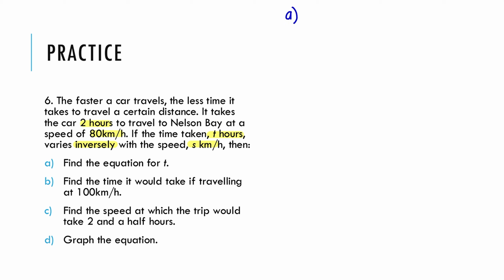My first step is writing y equals k over x. Normally my independent variable is going to be time and my dependent variable is going to be the speed. So s will be equal to the constant over the time. That's my first step, so I found that equation.